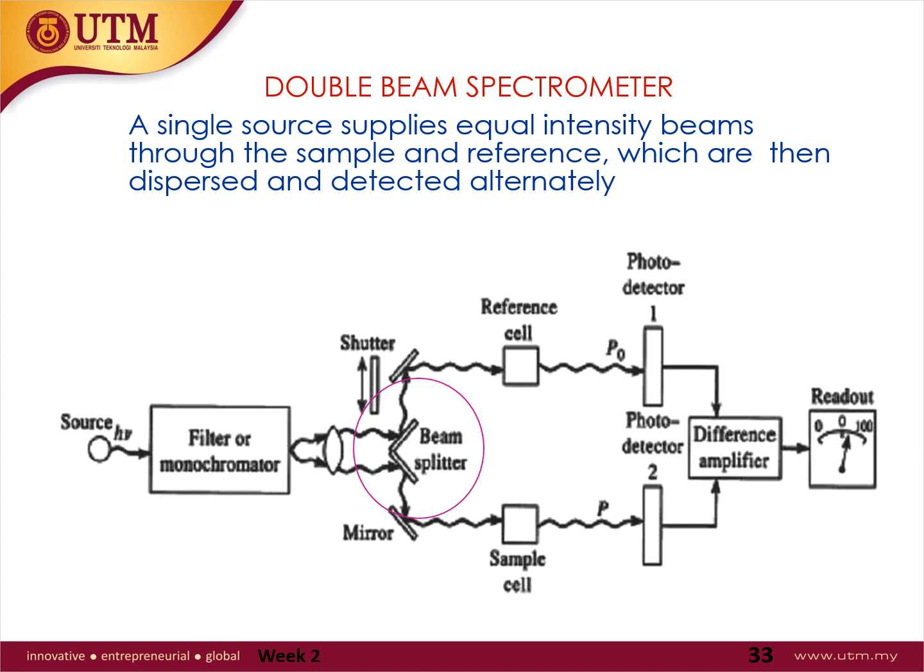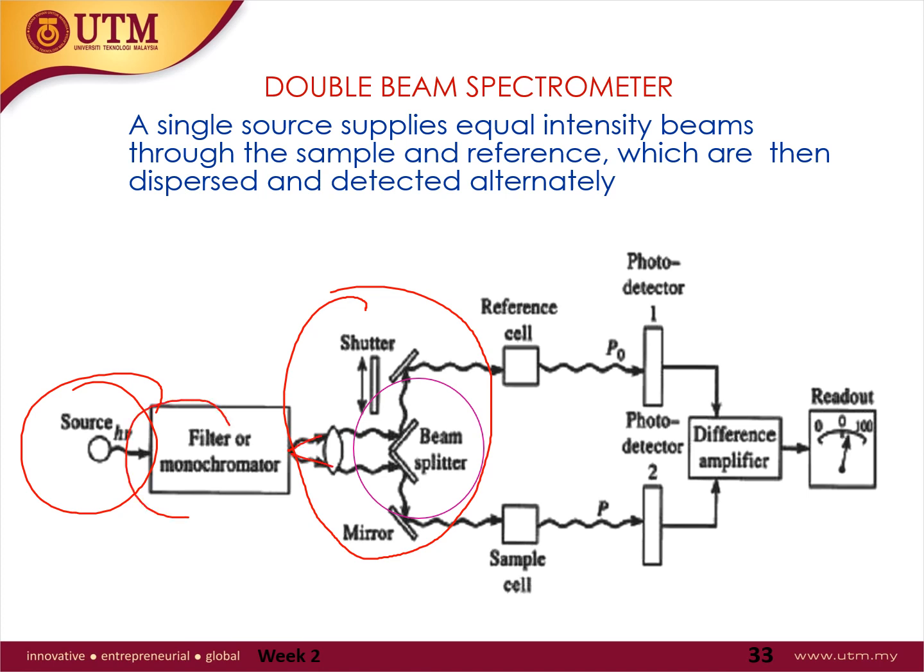Okay, double beam spectrometer, even though it's more complicated in terms of the optics, will enable fast analysis. It is still using one source, but it splits the radiation after it goes into the monochromator, towards the reference and towards the sample, and then it will be detected over here.